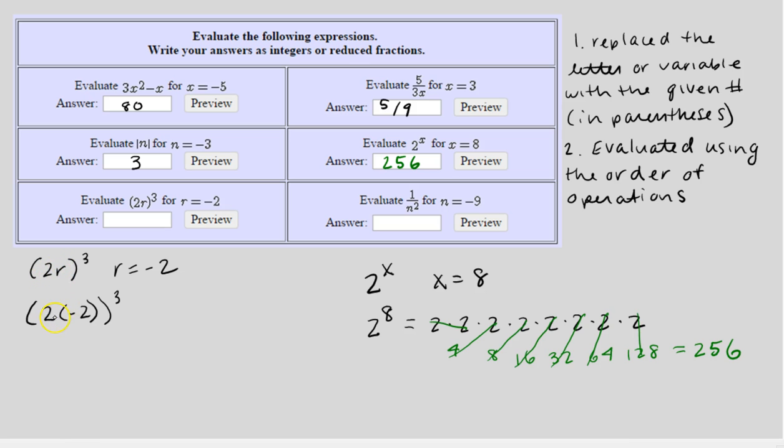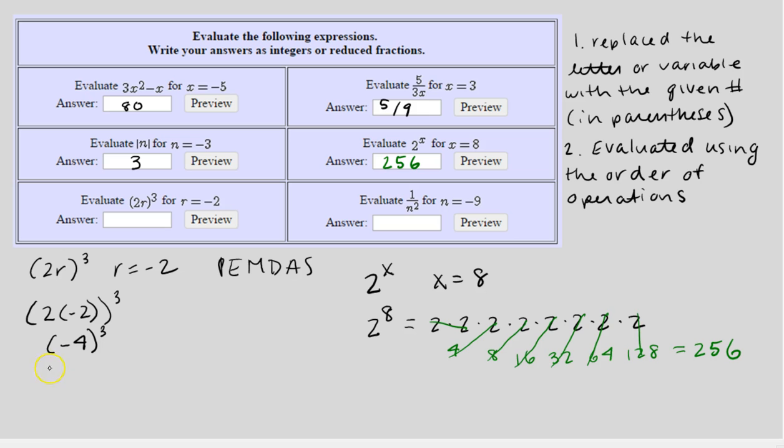That's what this means. So this means 2 times -2. And since that's what's in parentheses, remember we had PEMDAS, we have to perform the parentheses before we do the exponent. So 2 times negative 2 is negative 4. And then we have the third power.